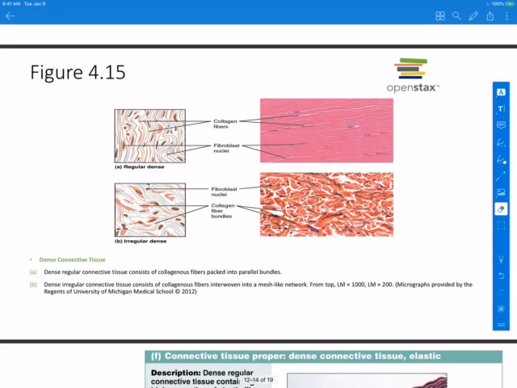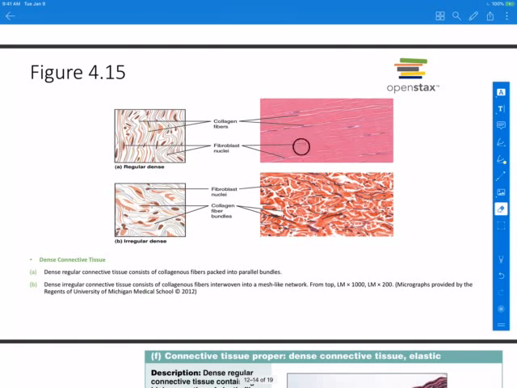I'm going to look at the regular first. When we look at the regular tissue, which is shown here, I want you to notice that it has these fibers that are parallel to one another, and they're kind of whitish color. And all of the fibers being parallel are oriented in the same direction, so they're going to be particularly good at resisting pulling forces in that direction.